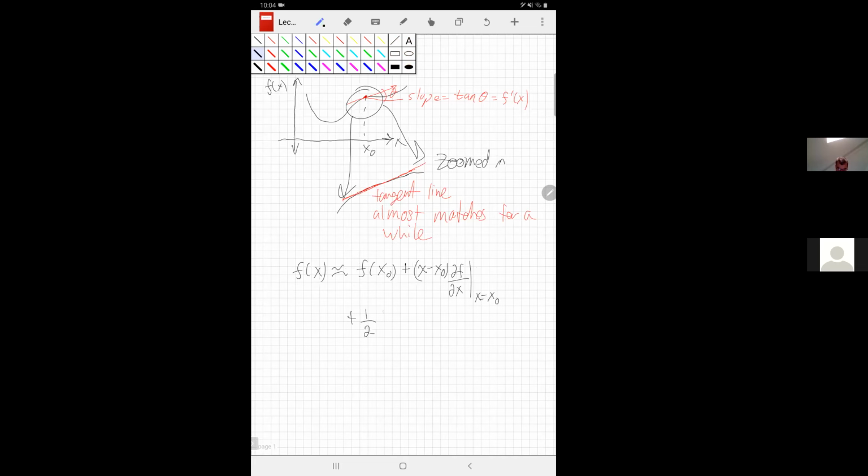So we're going to add 1/2 the second derivative, and if we do that, then we will approximate it more closely for a while, but still you will eventually get a little bit of a discrepancy.